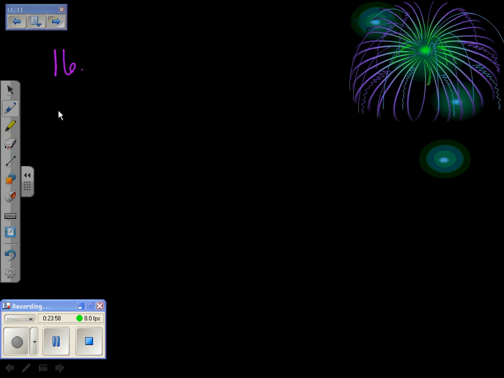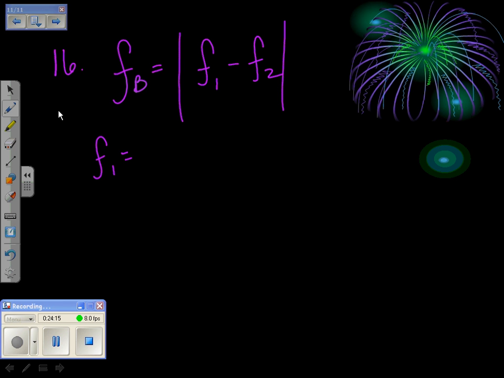And finally, number 16. Number 16 is beat frequencies, and the formula for beat frequency is the absolute value of the first frequency minus the second frequency. We're told the first frequency is 293.7 hertz.